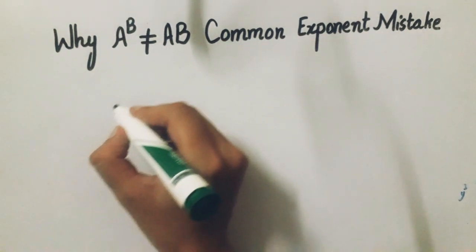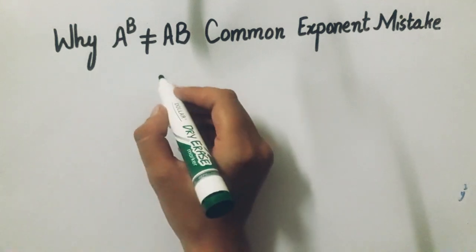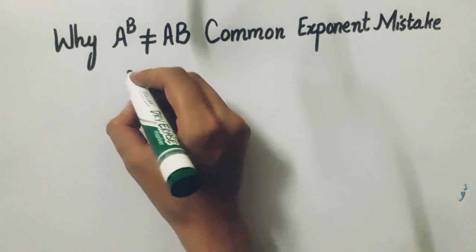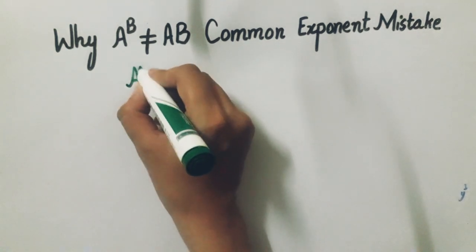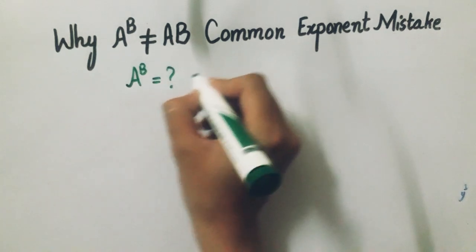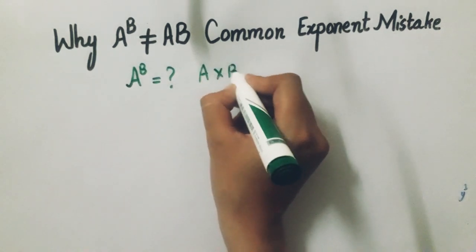Now we will start solving this, first of all breaking down the symbols, that is, a raised to power b equals what and a multiply b equals what.